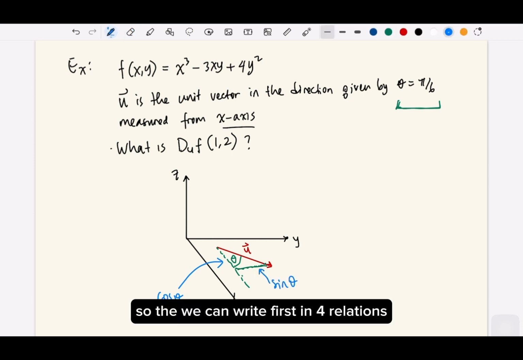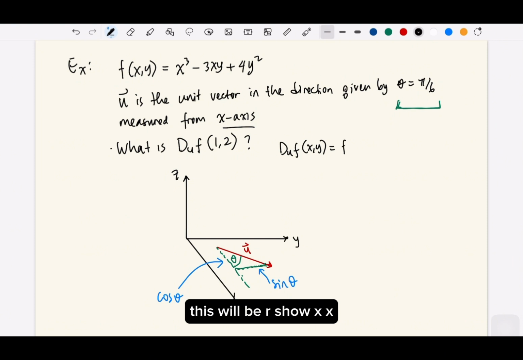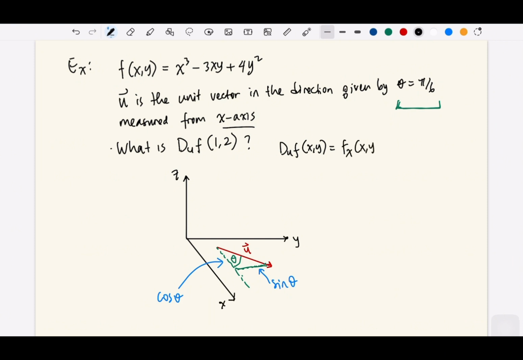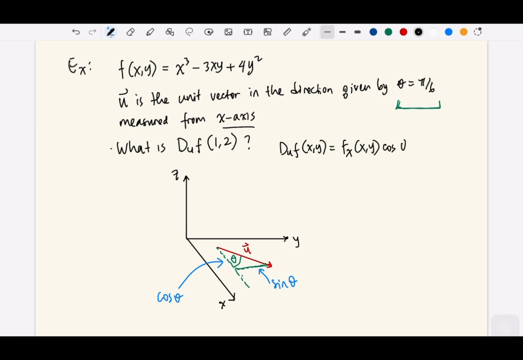So we can write first the formulation: partial x, and for x it is the cosine, and then partial y, sine.